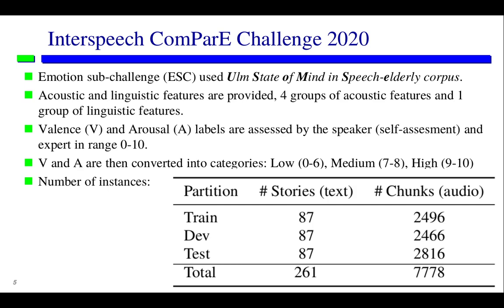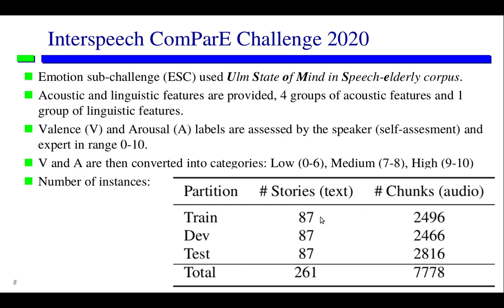two types of data. For text information, or text feature, or transcription, they give it in stories. They call it stories, or utterance, maybe utterance is close to stories. And for audio, they give it in chunks.